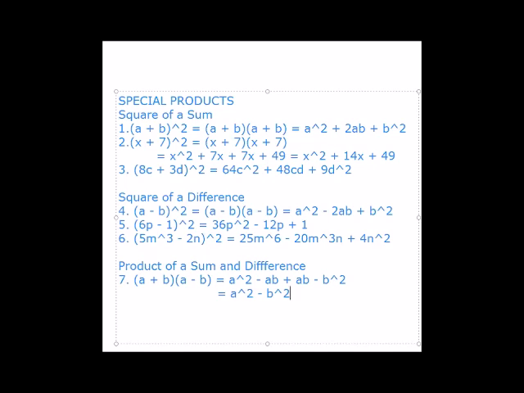We have 64c squared plus 48cd plus 9d squared as the product for 8c plus 3d squared. This time, a plus b times a minus b is a squared minus b squared. What have you noticed about the final products? The answer is binomial. Yes, exactly. So notice that in a plus b times a minus b, we have our product a squared minus b squared, which is only a binomial and not a trinomial.